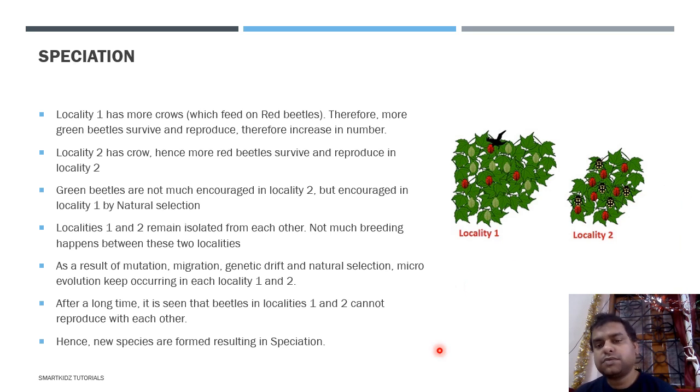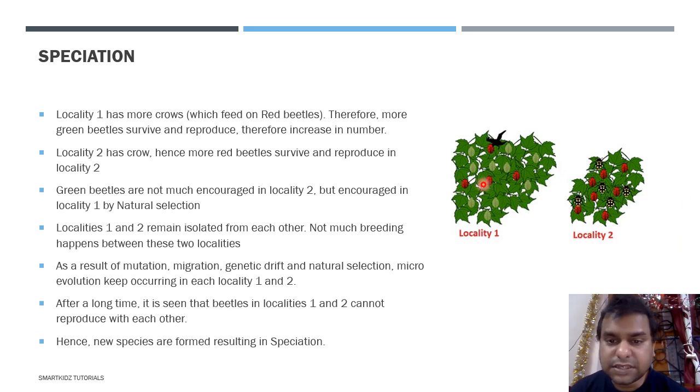Now, there is not much migration seen from one locality to another, which means there's no mixing up happening in large amounts. Maybe one or two beetles may move from one location to another.